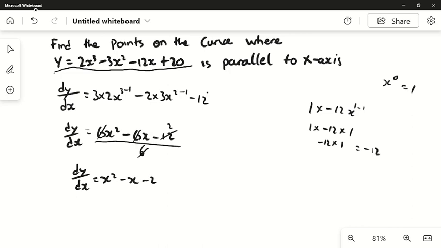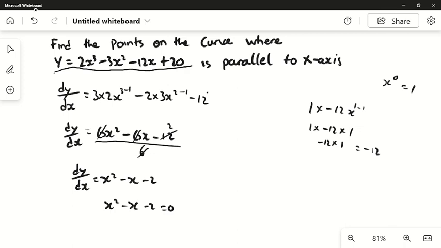As we said, we can factorize this so that we can set it equal to 0, because at every turning point the gradient is equal to 0. So we can say x squared minus x minus 2 is equal to 0.